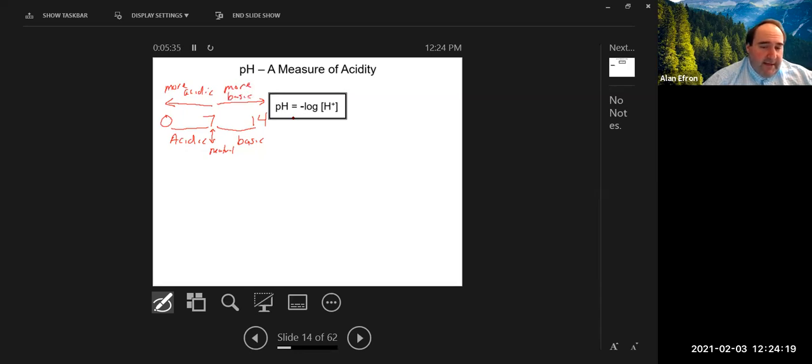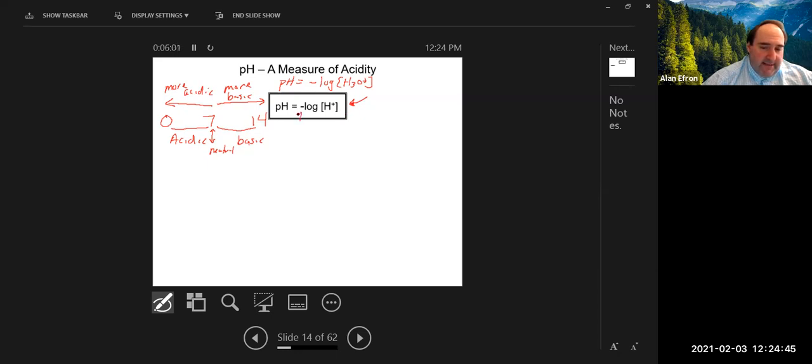To calculate the pH, it's minus the log of the H plus. Just like all the other formulas in acids and bases, you will also sometimes see it written as minus the log H3O plus, same thing. While we're talking about calculators, let's talk about how you punch this in. If you have a display calculator, you punch it in exactly the way it's written.